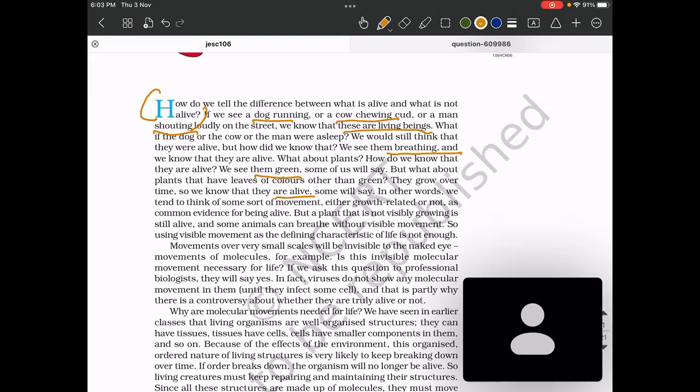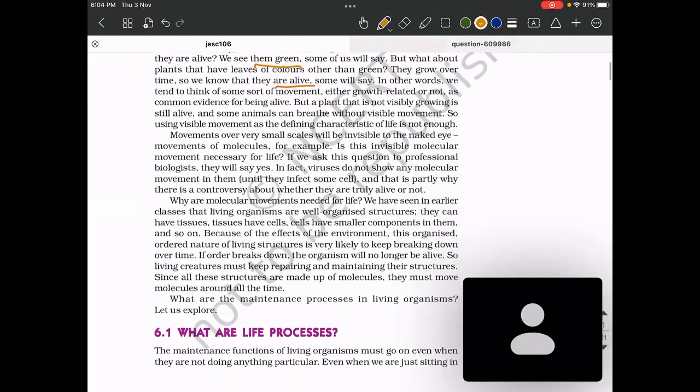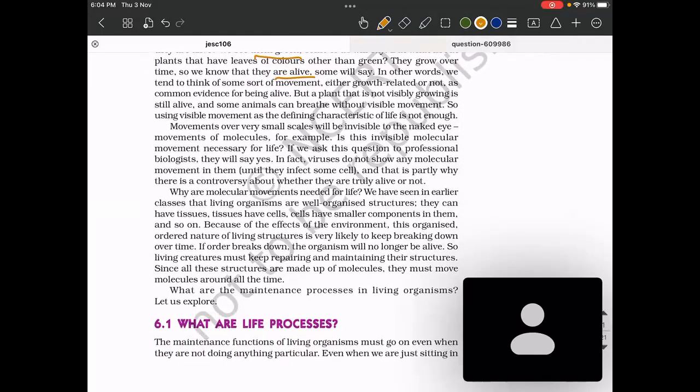In animals, you can say it because of their actions, and processes like breathing mean the organisms are alive, right? Yes, sir. Some movements are very visible, and some we cannot see, but still they are happening in the body.